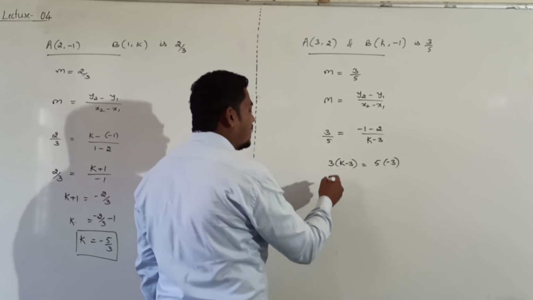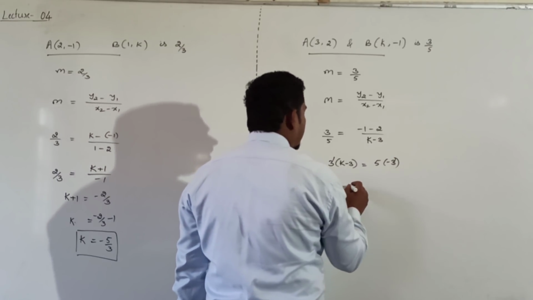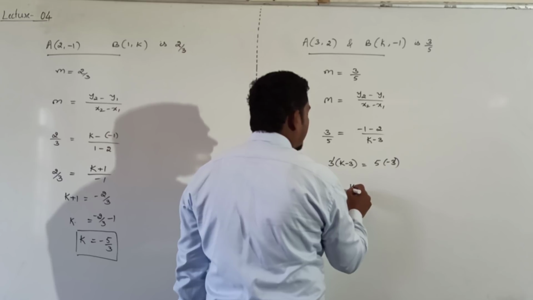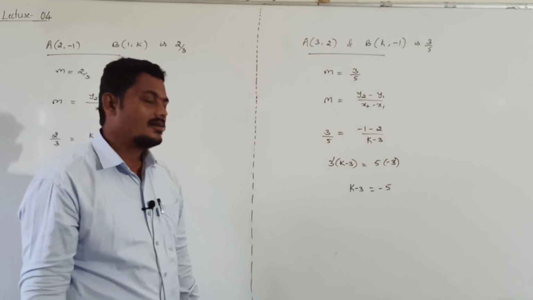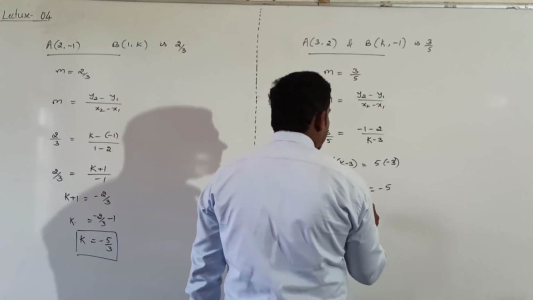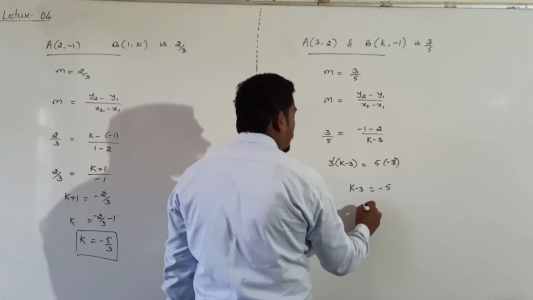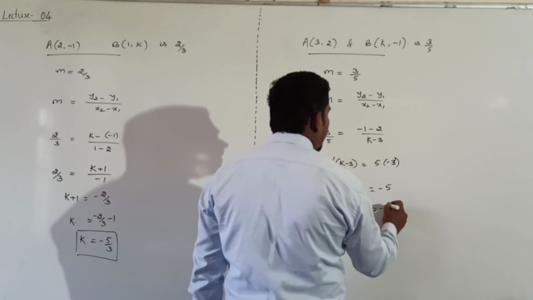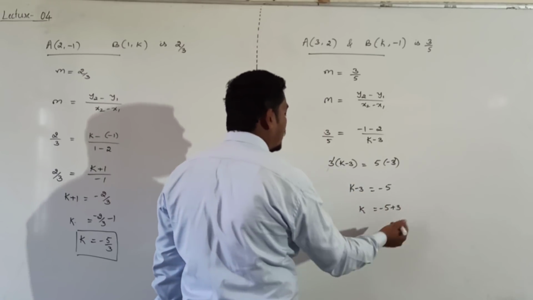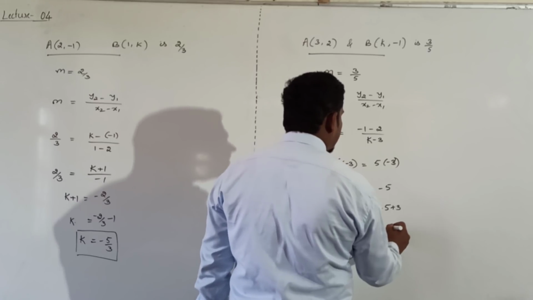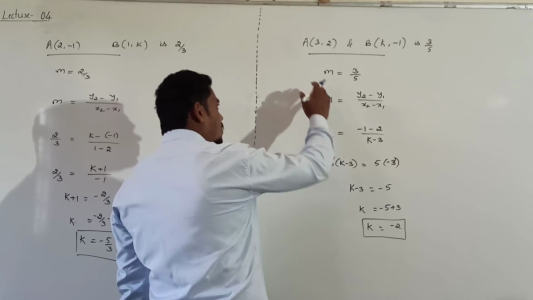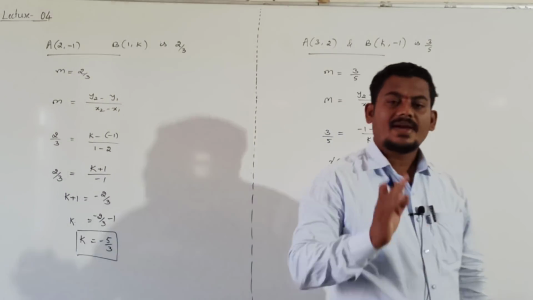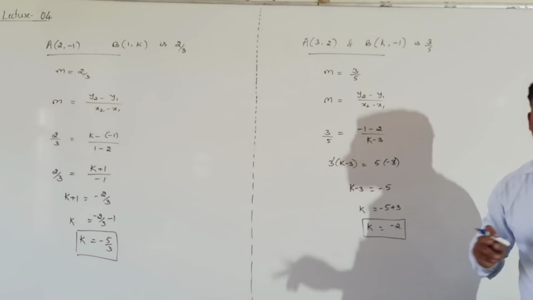On both sides 3 will get cancelled. Then k minus 3 is equal to minus 5, the negative sign remains as it is, only 3 gets cancelled. Then k is equal to minus 5 plus 3, sending it to the RHS, so k is equal to minus 2, right? When the slope of the line joining AB is 3 by 5, then the k value is minus 2, right?